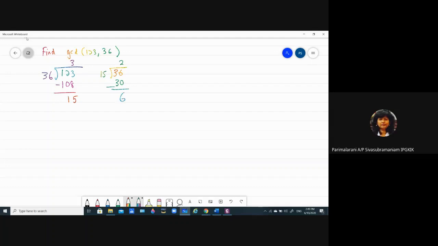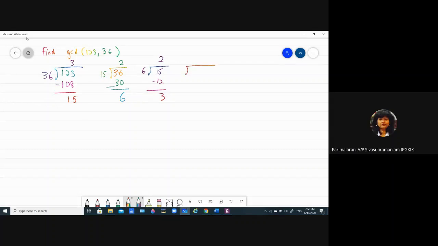So you have a remainder of 6. Now what do we do? We always take the last divisor, 15, divided by the remainder 6. That is 12, minus, you get 3. We still haven't reached 0.